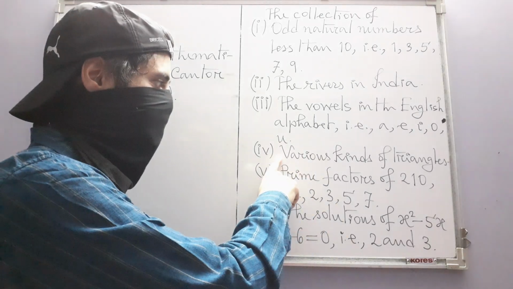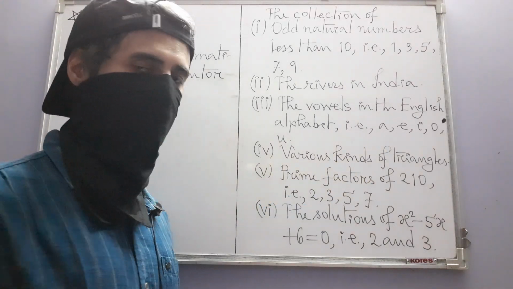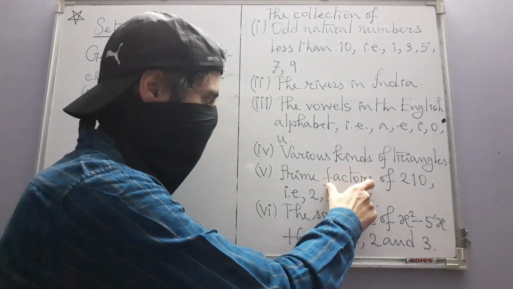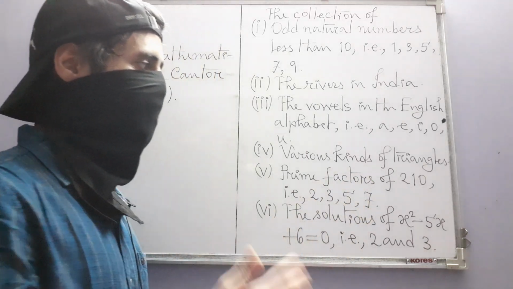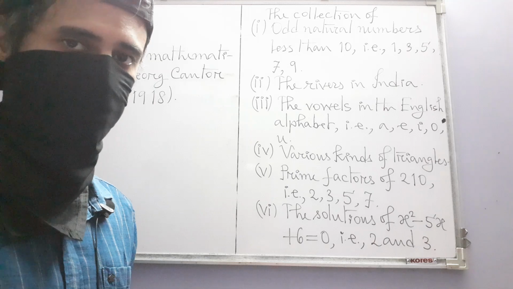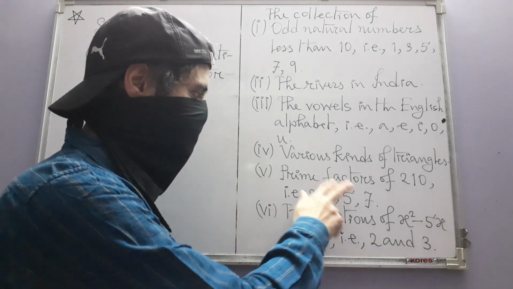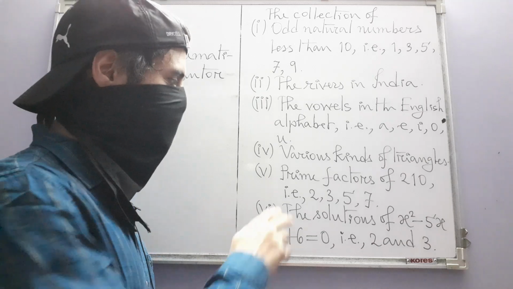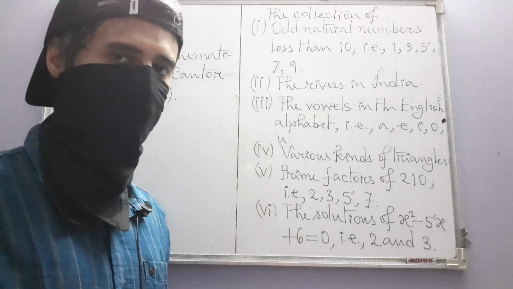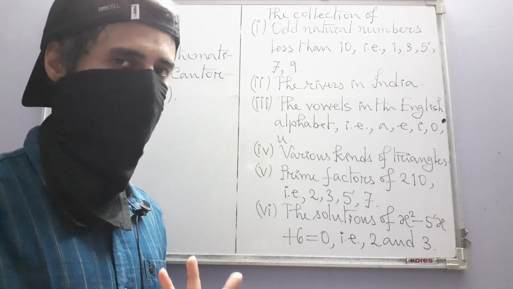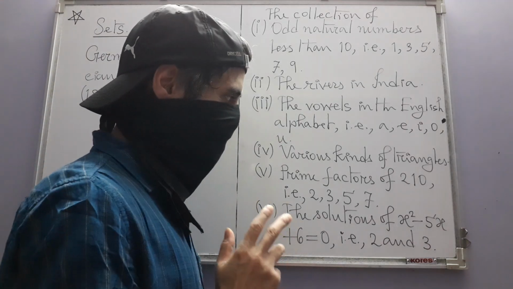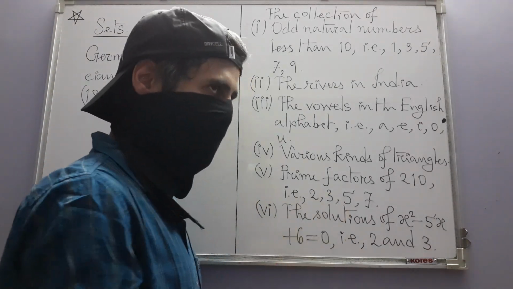The fourth one is the collection of various kinds of triangles. The fifth one is the collection of all prime factors of the number 210. That is those numbers which are of course positive. Generally when we talk about factors, we do not think of negative numbers, although negative factors are still there, but we ignore them here.